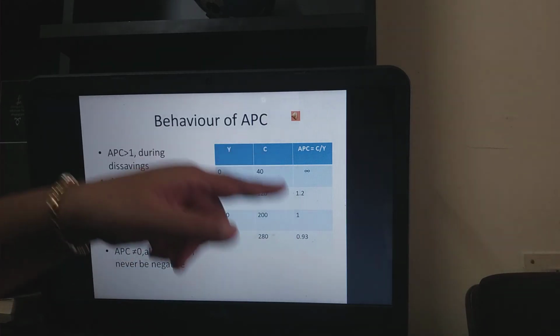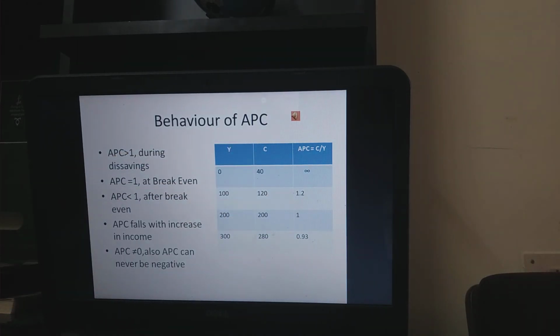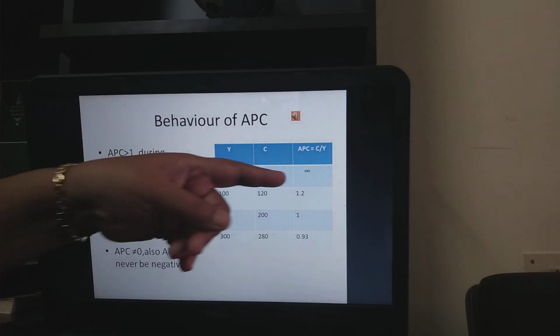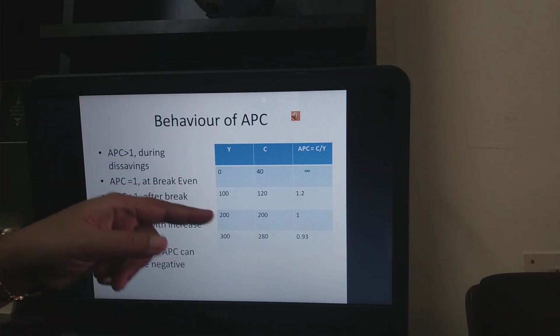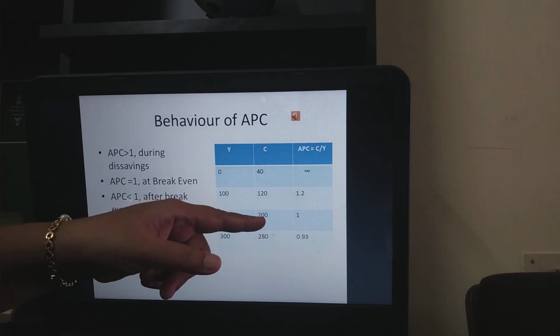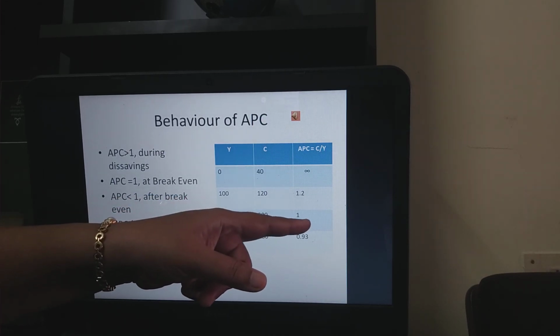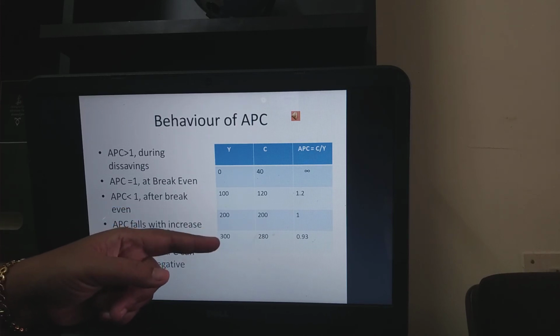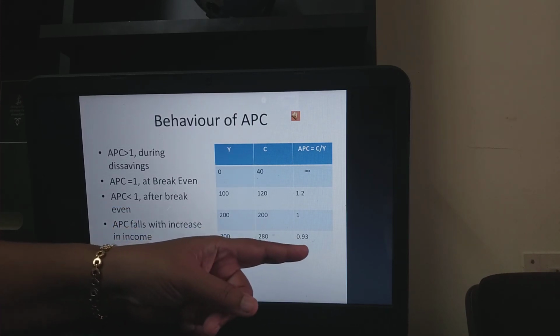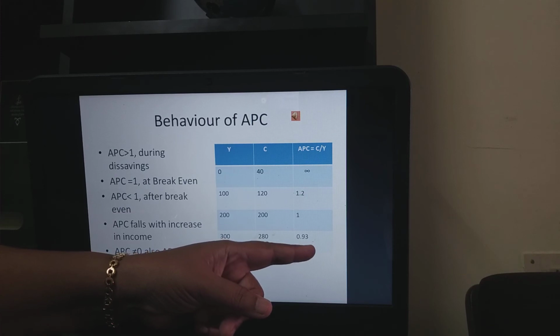From this tabular representation, you understand that the APC can be more than 1, at break even, when income is equal to consumption, it is equal to 1, and after the break even, the APC becomes less than 1.